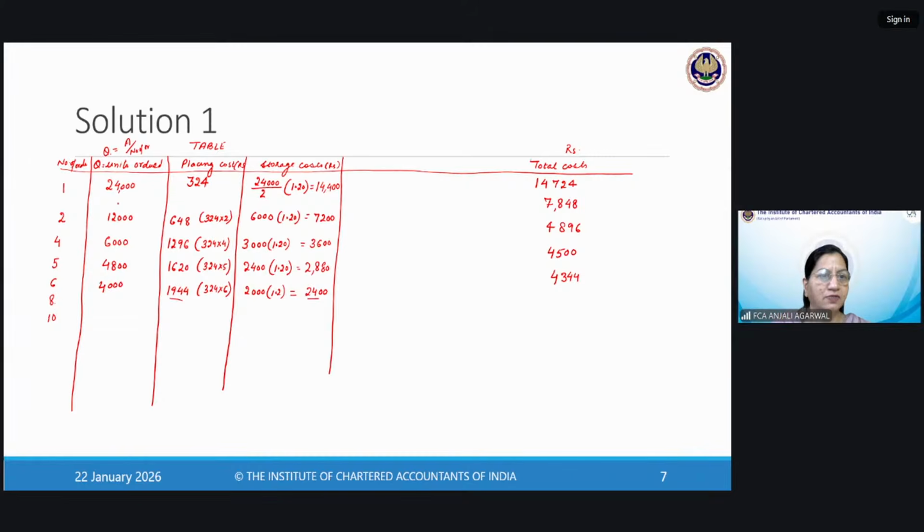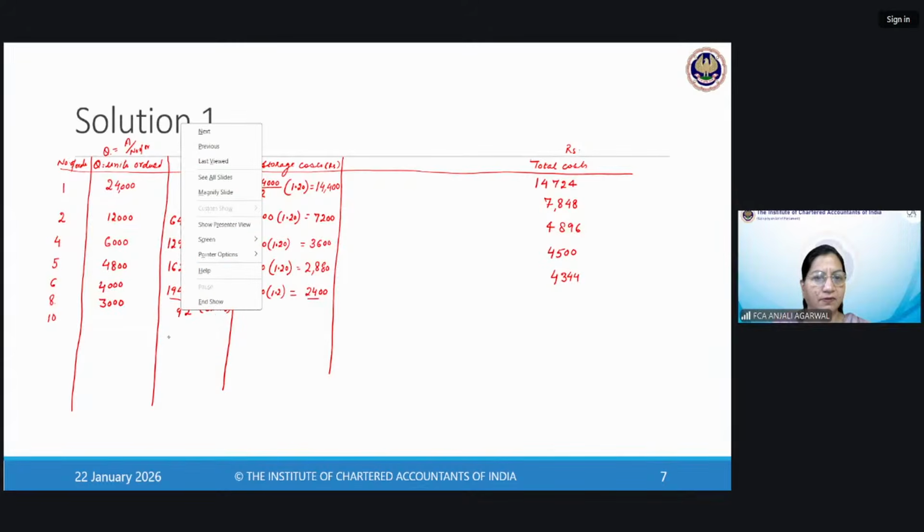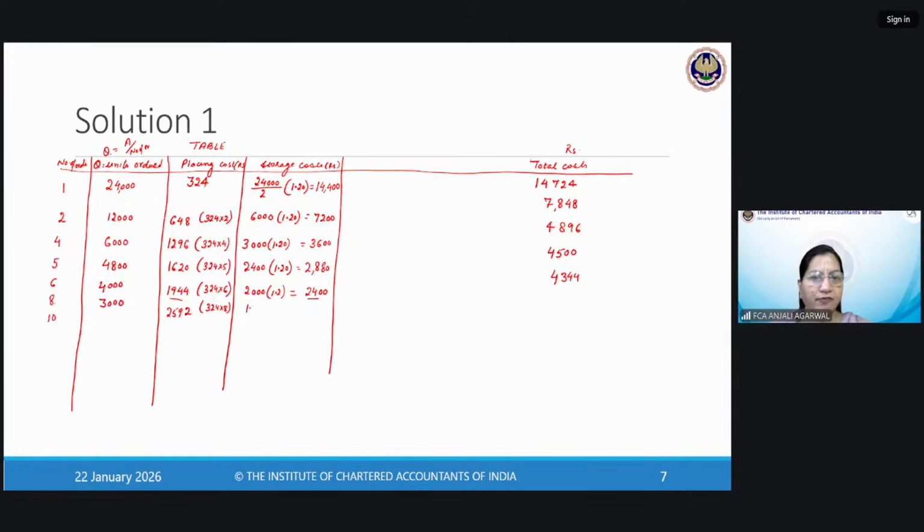When you place 8 orders, 24,000 divided by 8, 3,000 units you will order. 324 into 8, and 1,500 into 1.2. 2,592 and 1,800.